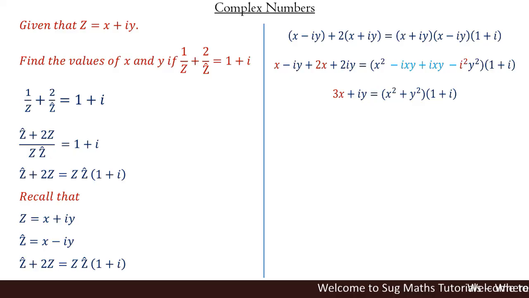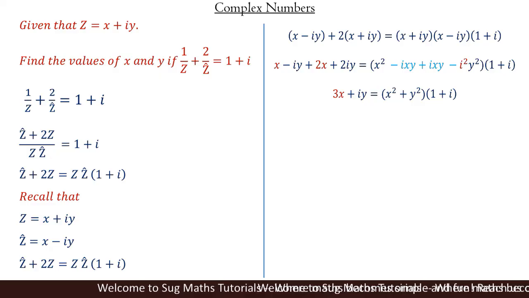Are we together? Yes. And then this place we have minus i squared. This i squared is going to give us minus 1. So minus 1 multiplied by this minus here is going to give us positive, so we have positive y squared. That means after this middle term, which is minus ixy plus ixy, disappears or turns to 0, we are left with x squared y squared.